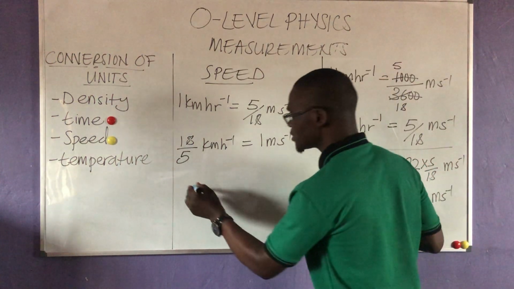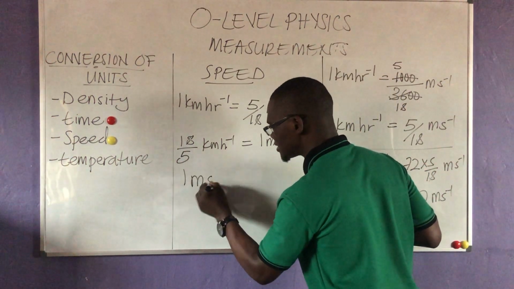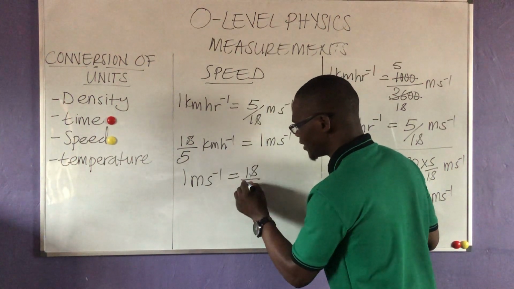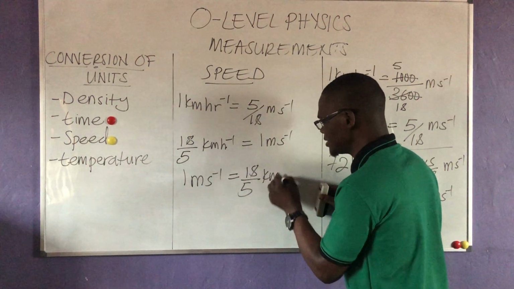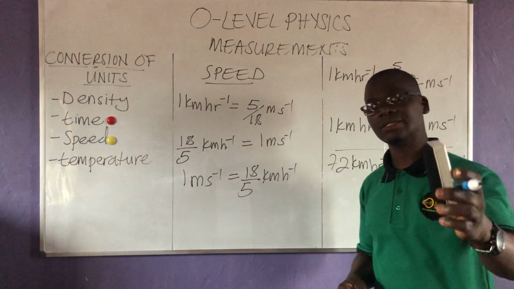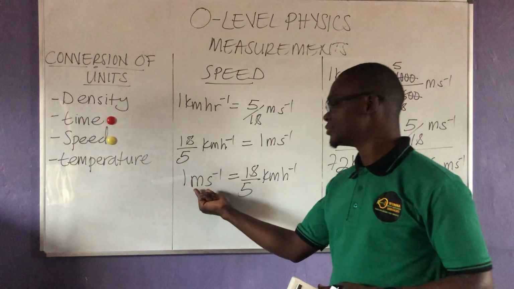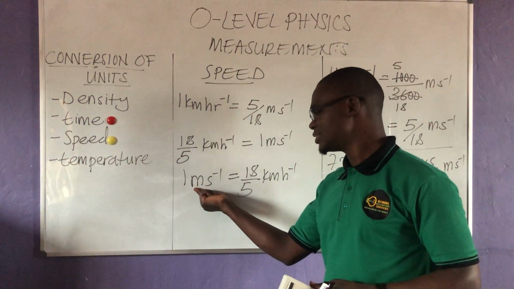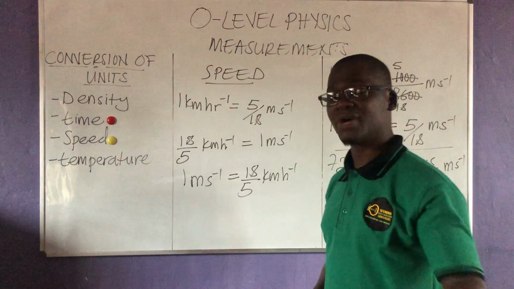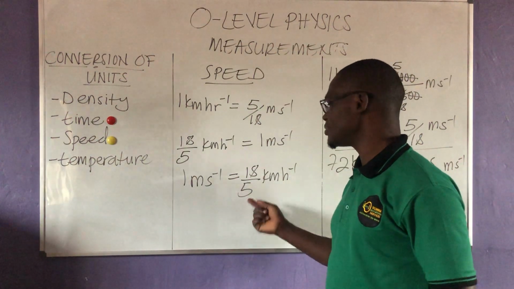And that gives us 1 meter per second as 18/5 kilometers per hour. And therefore, when I'm converting from meter per second to kilometer per hour, I'm always going to multiply my value by 18/5.